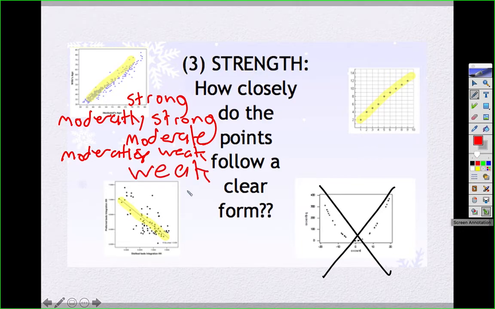Those are really the only options for the strength of a straight line relationship. We're really only dealing with lines.